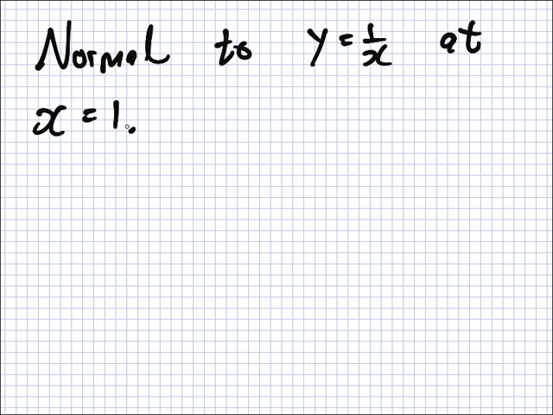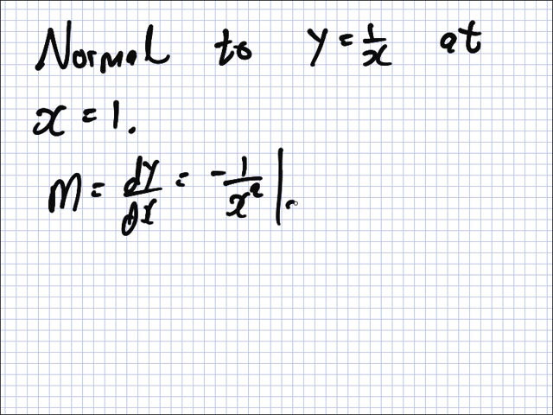Okay, you got that? What did you get for this? y equals x, I think. Yeah, it should just be this. So m equals dy/dx, which equals minus 1 over x squared. x is 1, so this equals minus 1. But that's for the tangent. We want the normal, so it's actually 1.